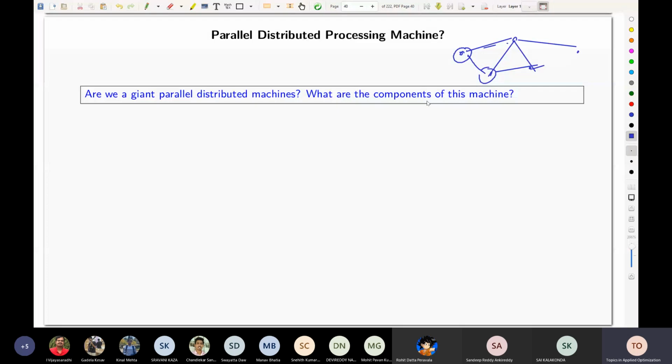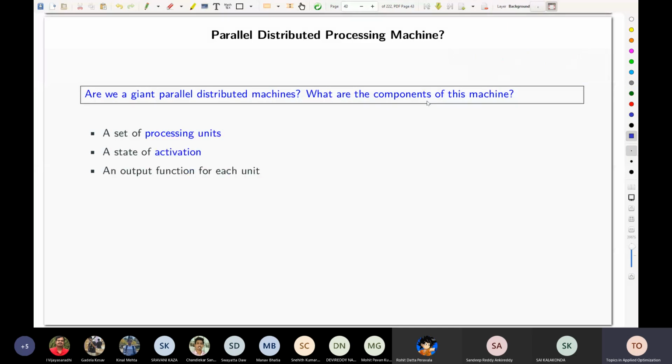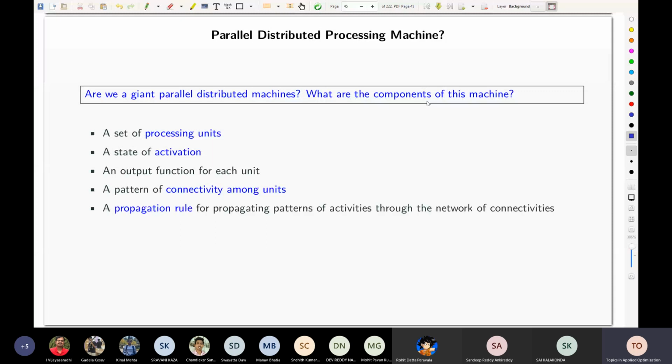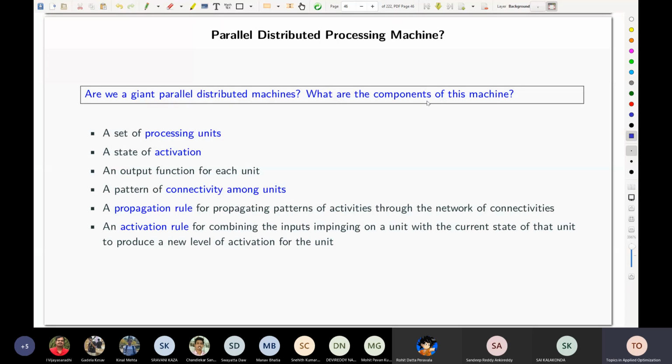Okay, so one other proposal that came was a parallel distributed machine. So what are the components of this model? In this case, we have a set of processing units, a set of activations, an output function for each unit, a pattern of connectivity among units, and a propagation rule for propagating patterns of activities through the network. And an activation rule for combining inputs impinging on a unit with the current state of that unit to produce a new level of activation for that unit.